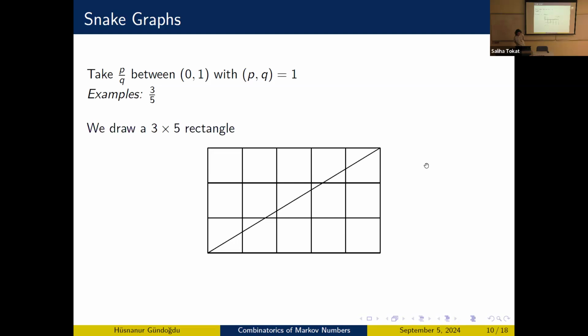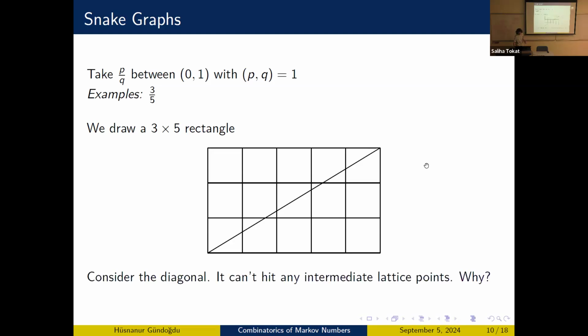Then we draw a 3 by 5 rectangle, and then we draw a diagonal. This diagonal does not hit any intermediate lattice points. Can you see the reason?